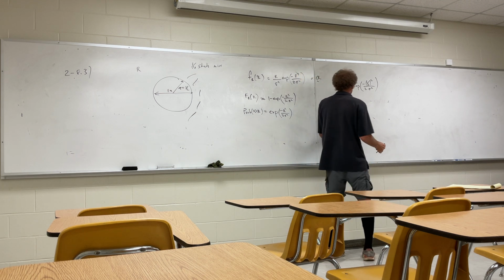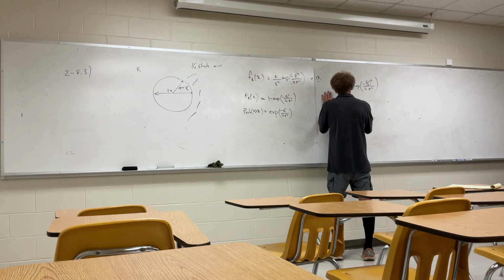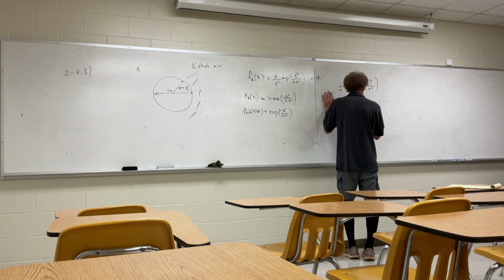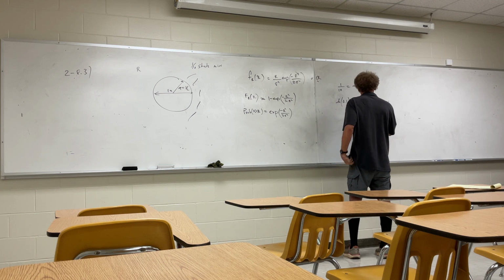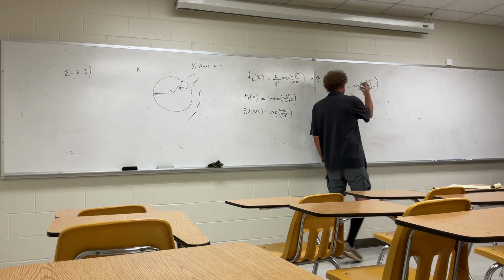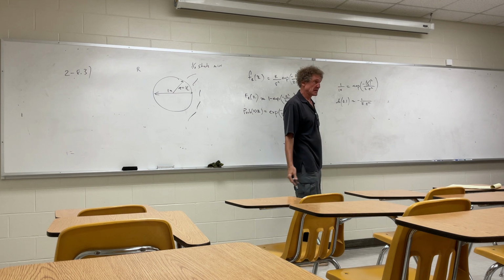If you take a look at this, take the natural log of 0.1, and that's equal to, in this case, minus 1/8 divided by sigma squared. The only thing I did is take the log of both sides, because I need that. Y'all follow me?